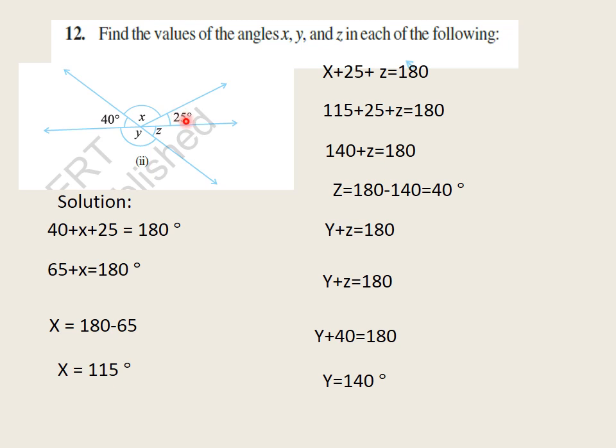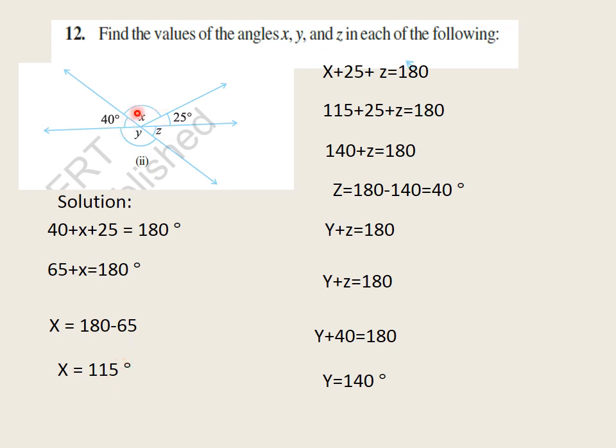So 40 plus 25 is 65, plus x equals 180 degrees. So x is equal to 180 minus 65, which is 115. So the x value is 115 degrees.